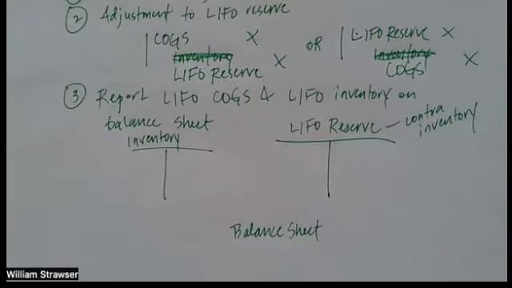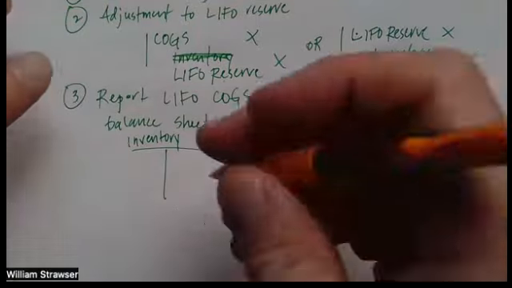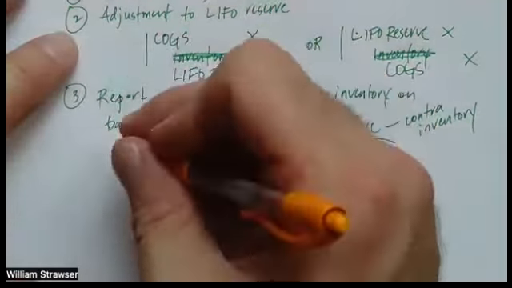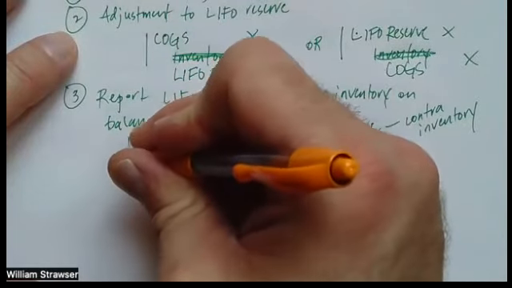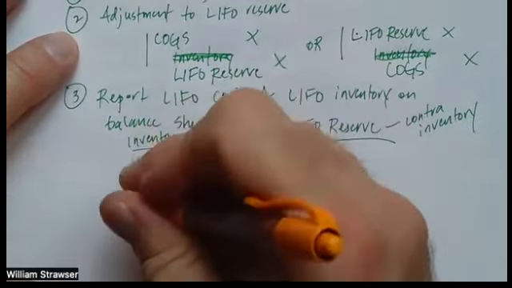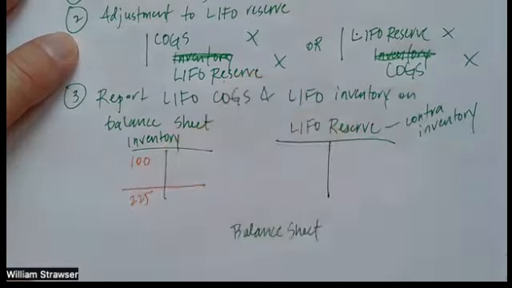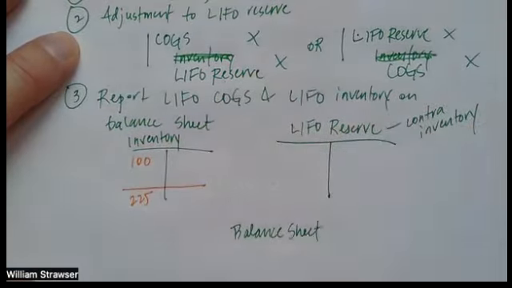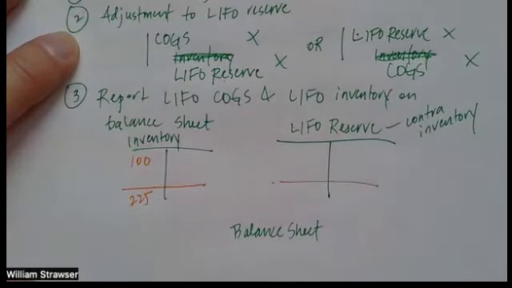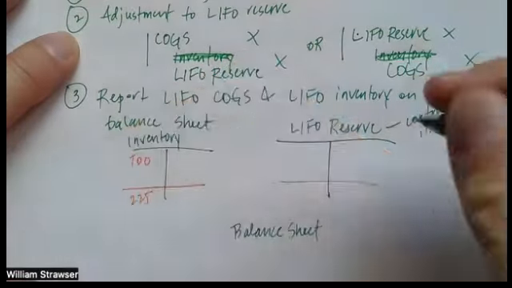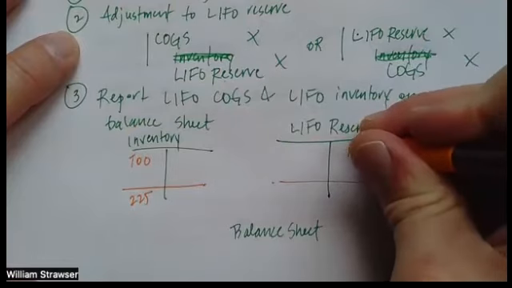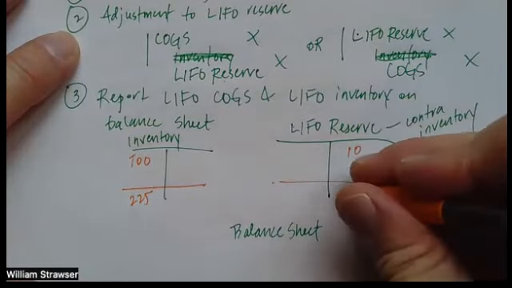at that date. So let me make up some numbers real quick. Let's say that my inventory has a beginning balance of $100 and we got an ending inventory balance of $225. My LIFO reserve, we'll say, started at $10 and ended at $13.